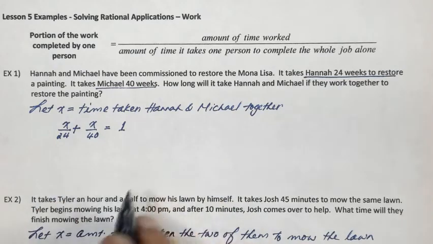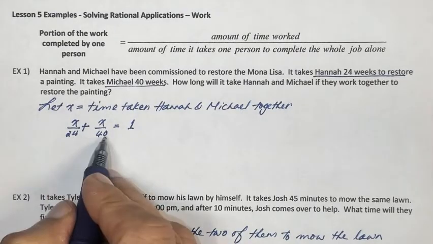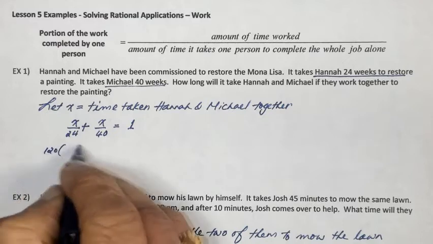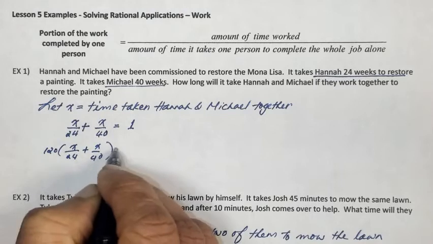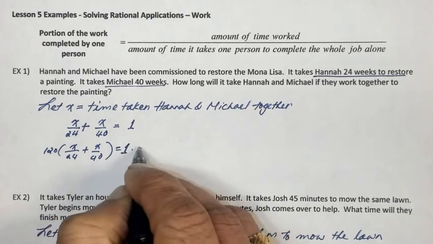So now let's do the math. In here, the common denominator for 24 and 40 is going to be 120. So multiply 120 on both sides. x over 24 plus x over 40 is equal to 1 times 120.